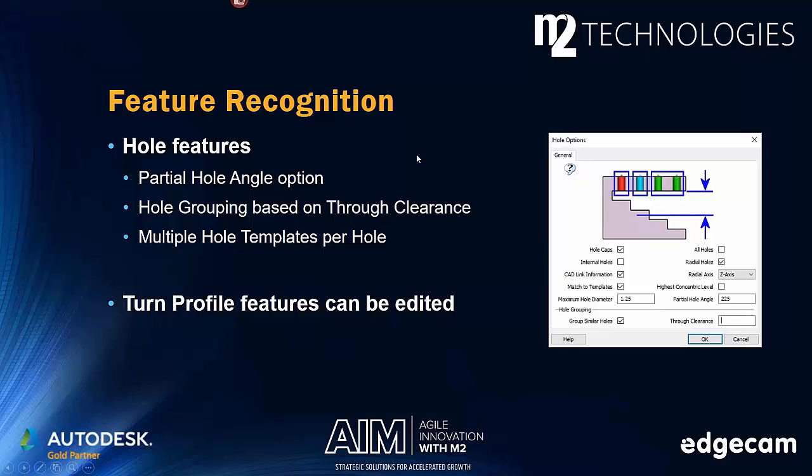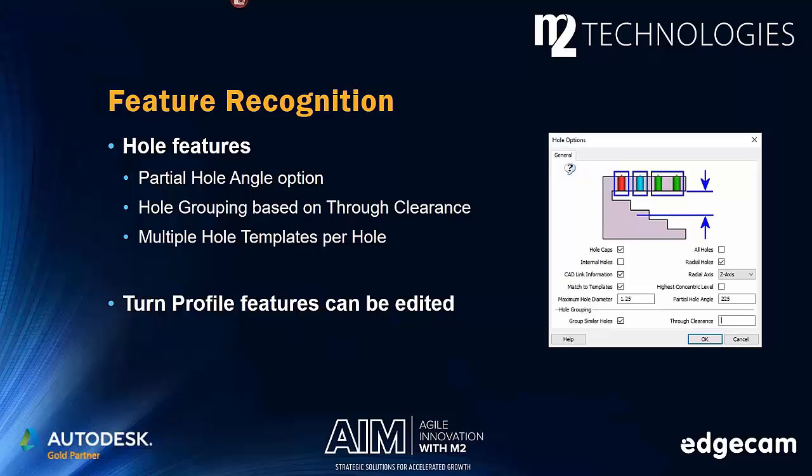For any of you who use the hole templates, they are a great technology where you can teach Edgecam how to find features for holes based on your input and direction. If you have a common type of hole that you identify based on certain conditions, and the counterbore diameter changes, for example for some kind of fastener, you can teach Edgecam how to recognize your type of hole, so it will call that a fastener type A hole instead of just a hole, or a fastener type B hole instead of just a hole.